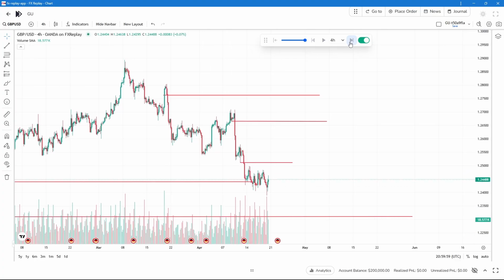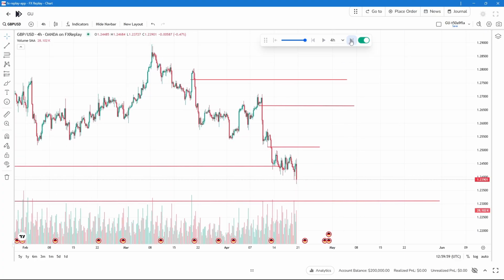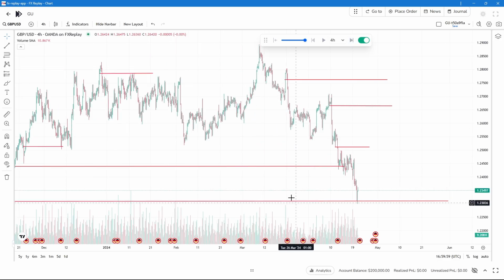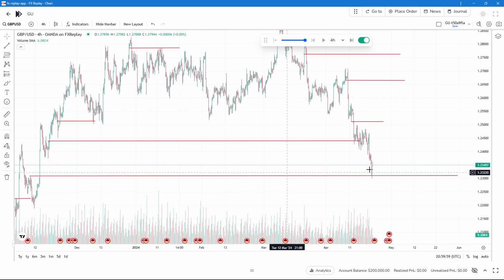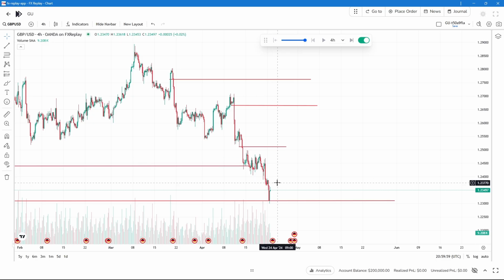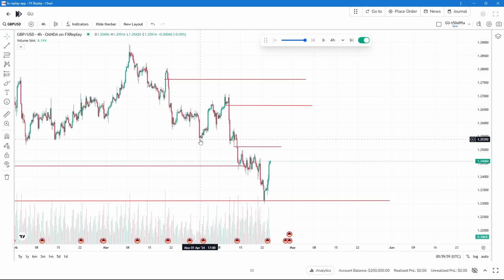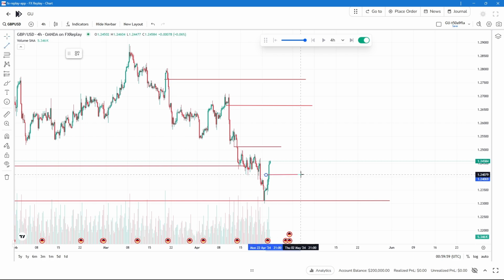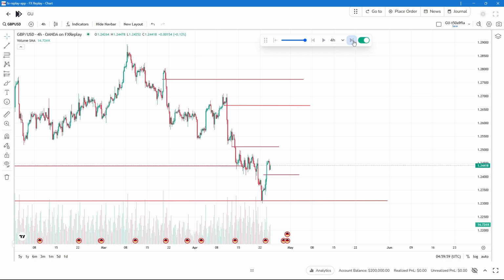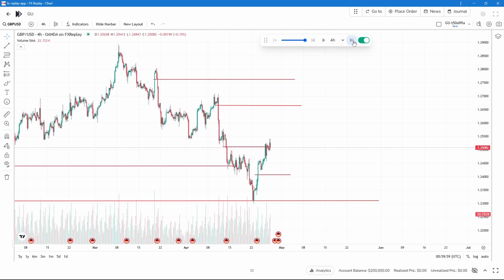There's no fill here. Building a lot of liquidity. Now we filled this imbalance area here. We could expect price to fill higher now. There we go. And then we've got these imbalance areas here. Now we filled this one.